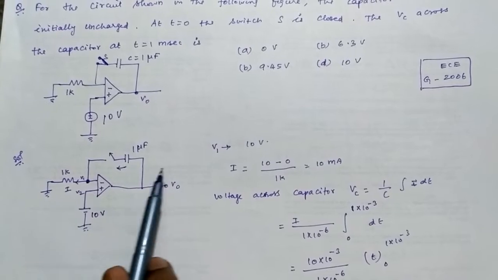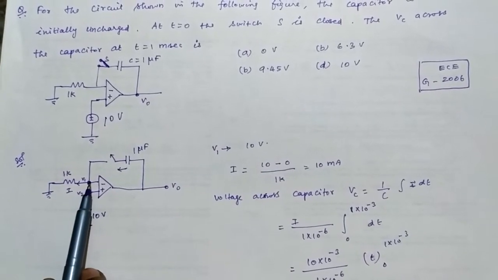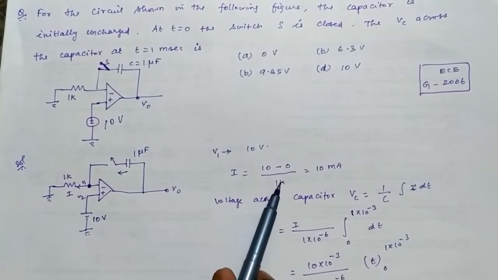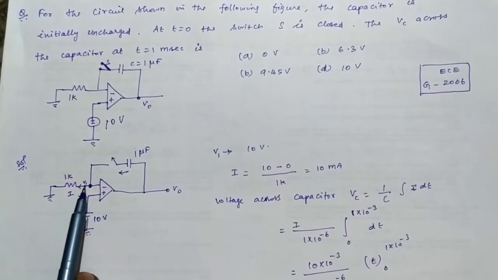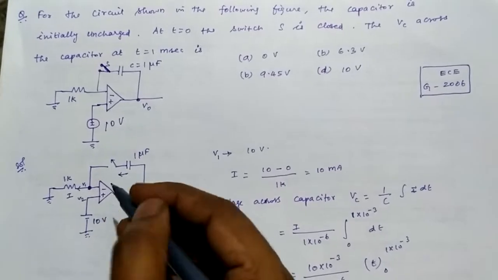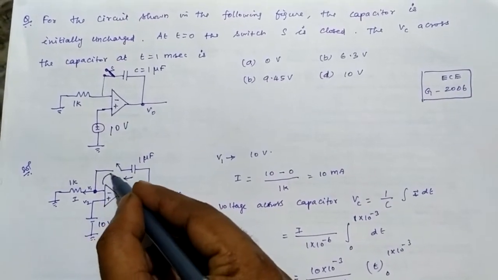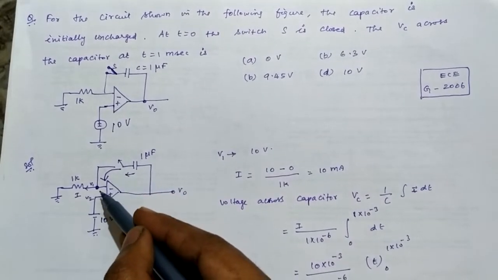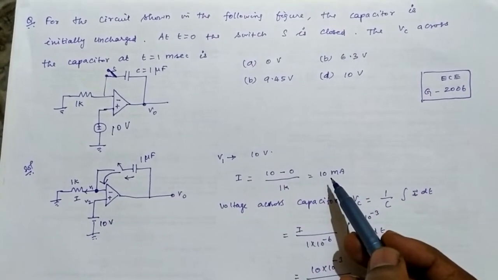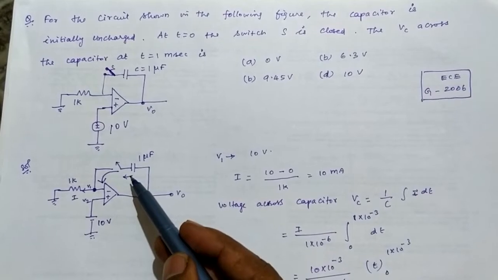So I is equal to (10 minus 0) divided by 1k, that is 10 milliamperes. This 10 milliampere current also flows through the capacitor.